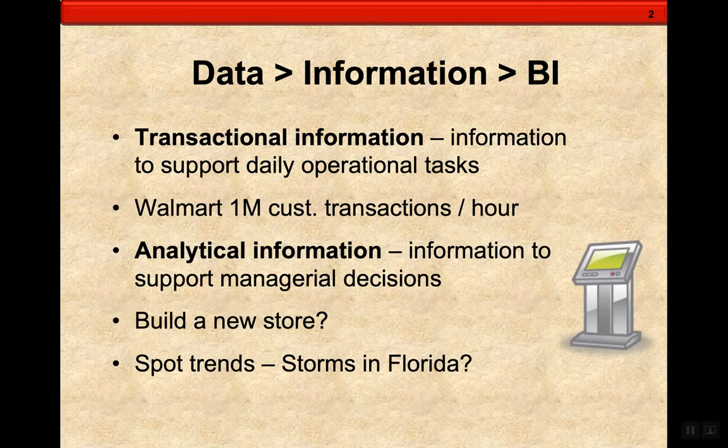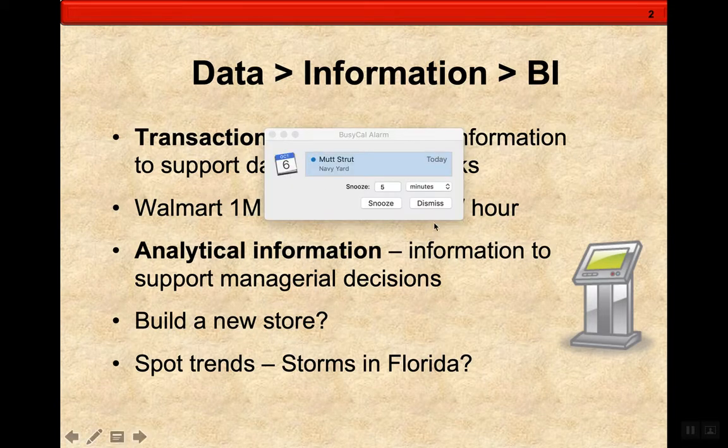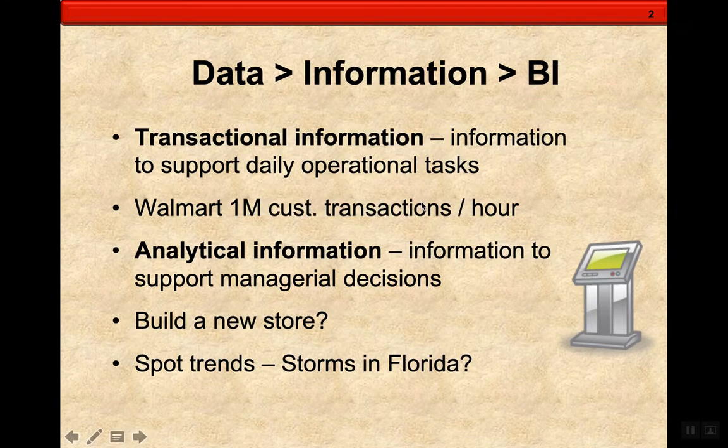This idea of analytical information is really the information that a manager needs to make a decision. For example, what products are selling well, what products are selling badly, what is our workload, our projected customer arrival rate on particular days, like Saturday afternoon versus Sunday morning versus Tuesday at lunch.